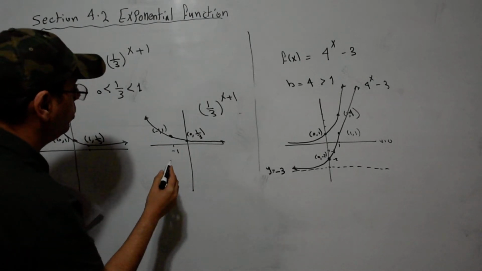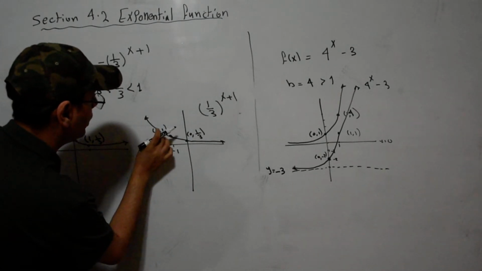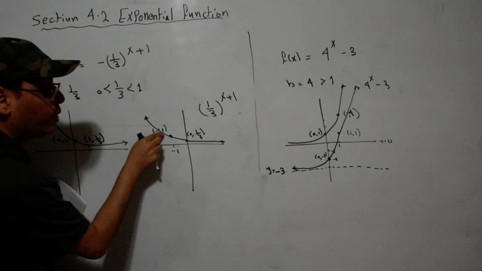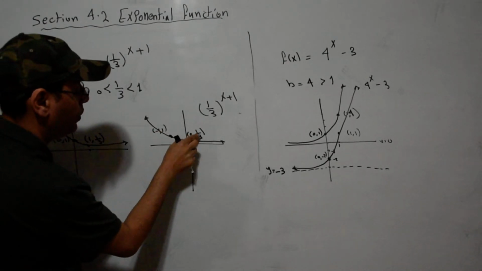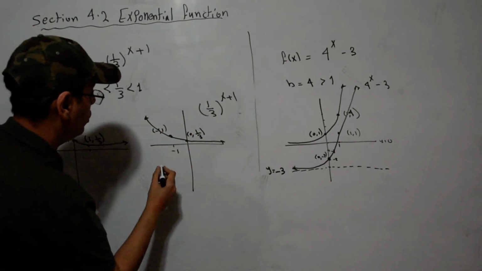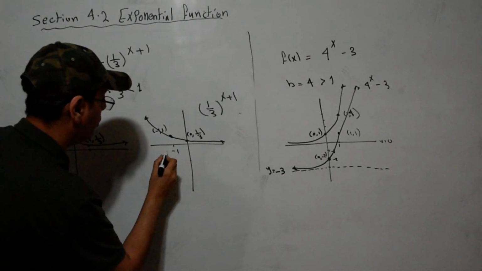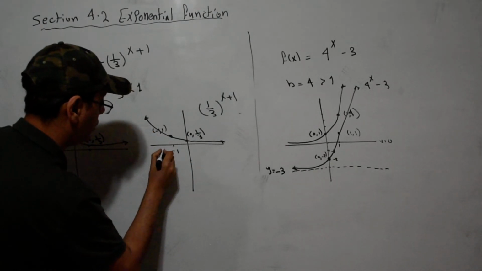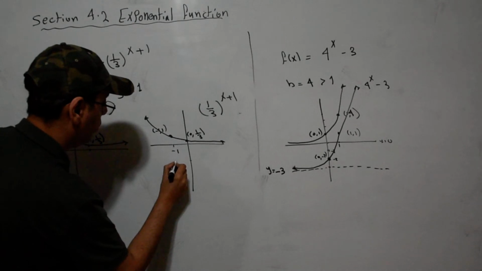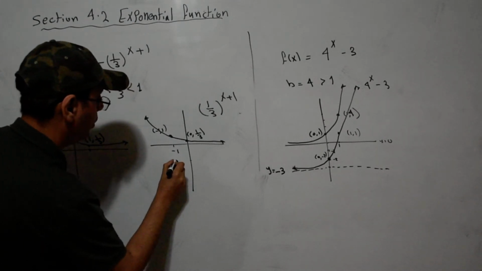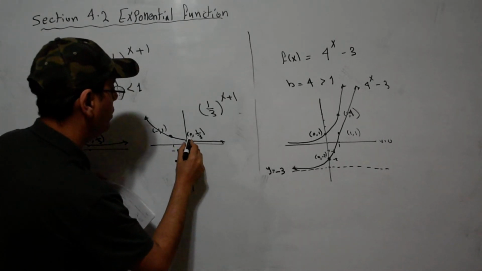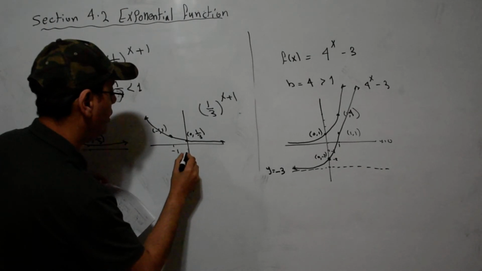X-axis. So instead of getting negative 1 and 1, I'm going to reflect it. So the 1 would be negative and the 1/3 would be negative 1/3. So now I'm going to go to the point here, negative 1 and 1. Okay? And here is 0 and negative 1/3.